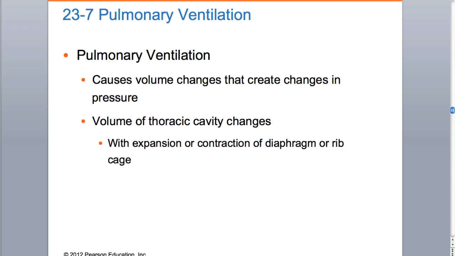You can see that on the slide that we're now looking at. So our object of the game is to change the volume of our thoracic cavity. And we do that by the diaphragm and the ribs and intercostal muscles and other muscles along the way. Okay. Next slide, next slide.